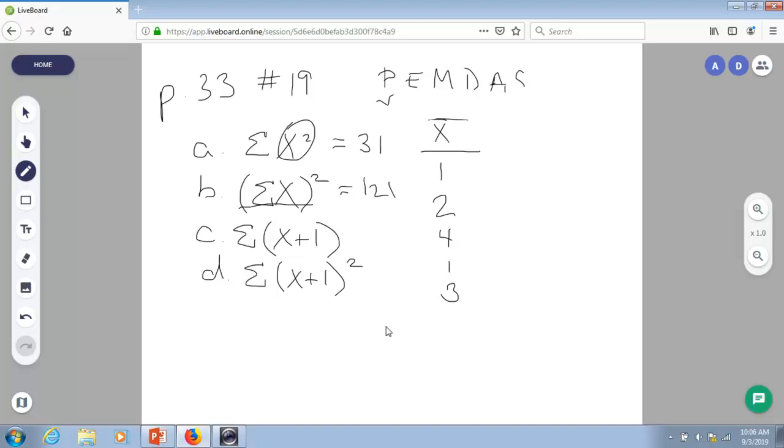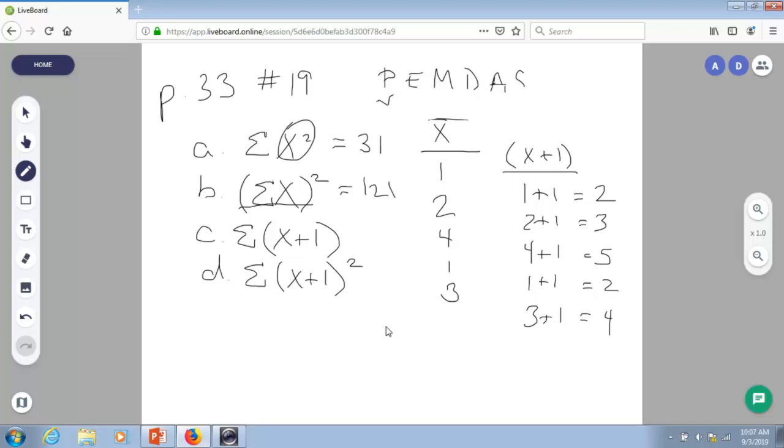So we go, and I like to do this just for organization's sake, folks. You may elect to do this as well. You go 1 plus 1, 2 plus 1, 4 plus 1, 1 plus 1, and 3 plus 1. Right, when we do that, we get 2, 3, 5, 2, and 4.